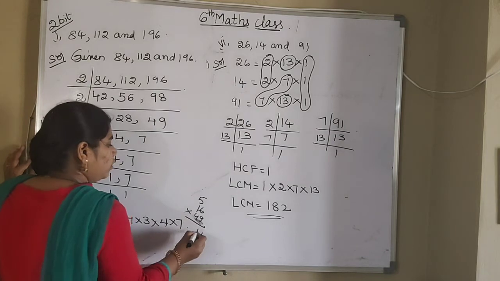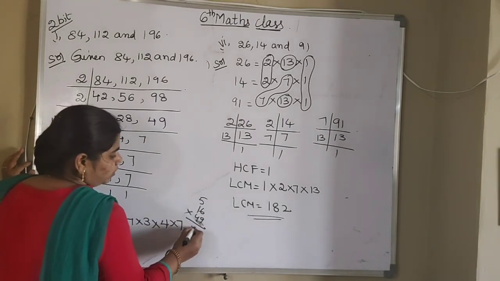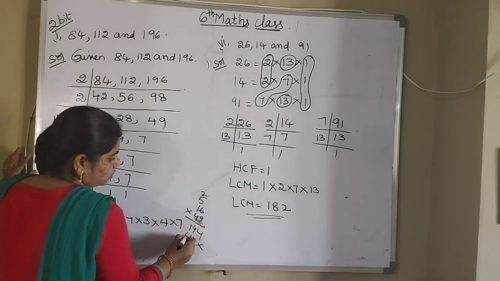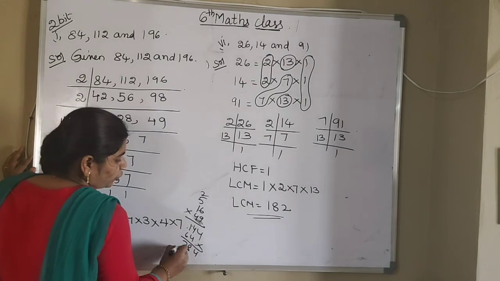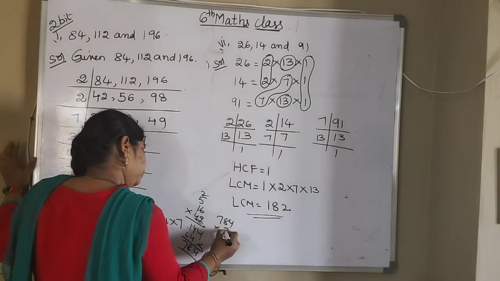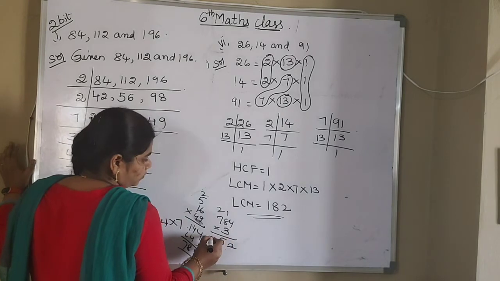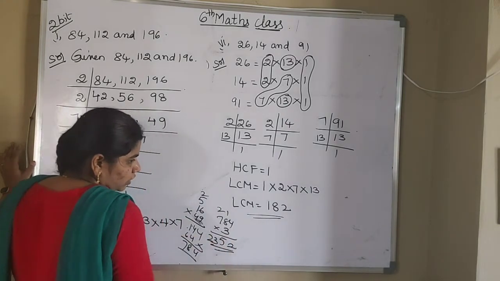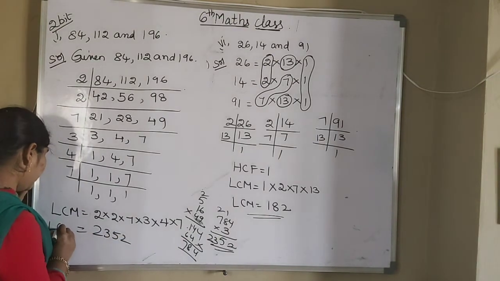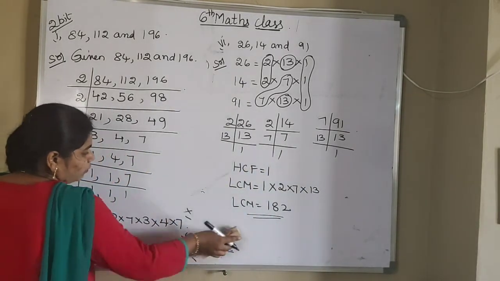You got it as 784. 784 into 3 we have to do. So you got it as 2352. So what is the LCM of the given numbers? It is 2352.